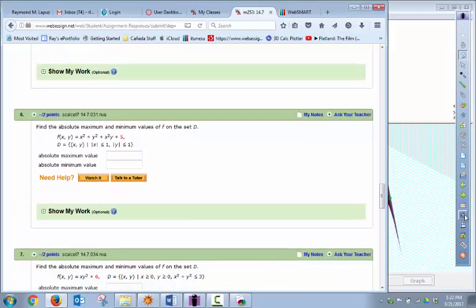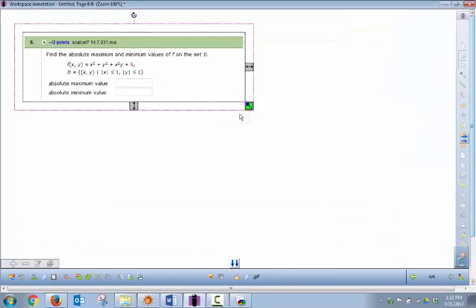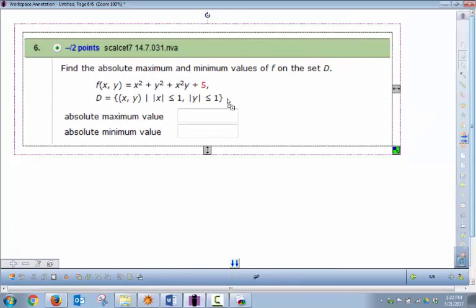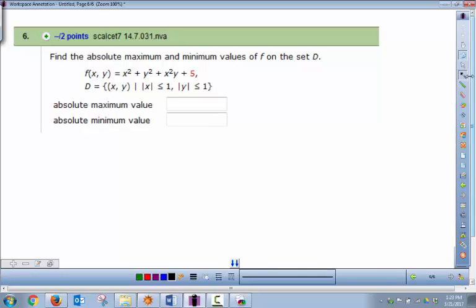So let's take a look at our first example, and we'll just steal the homework problem. Let's do number 6. We have a function x squared plus y squared plus x squared y plus 5, and then we have our domain D, between -1 and 1 in the x and -1 and 1 in the y. So let's draw our domain.